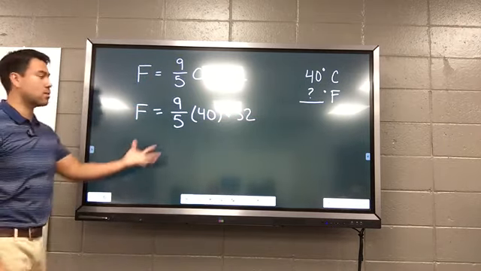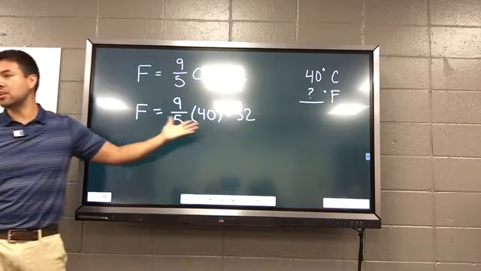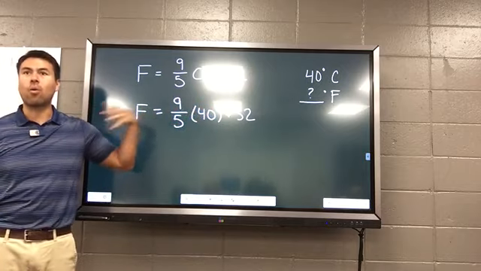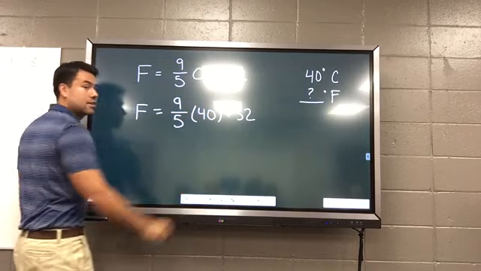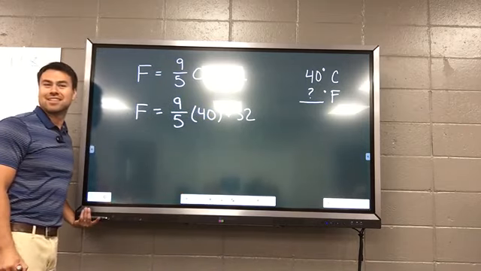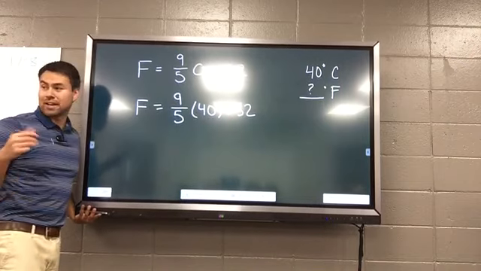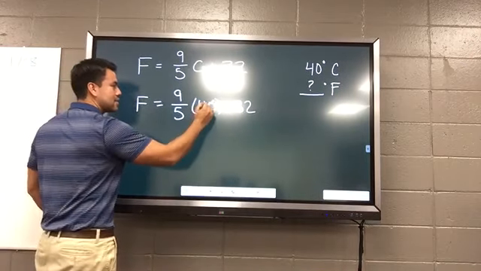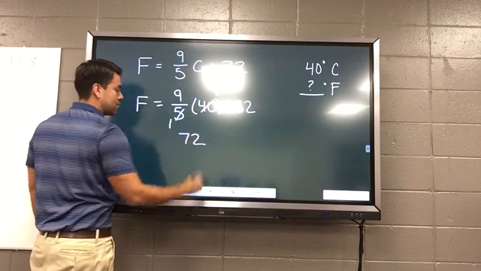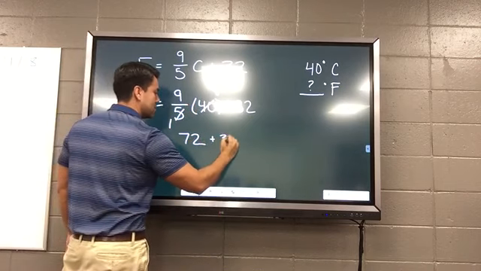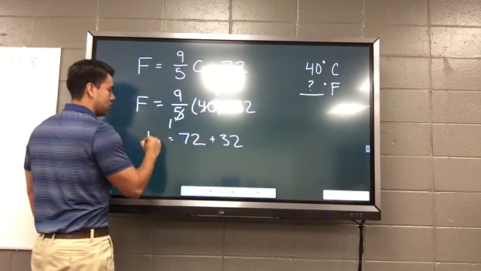What do I have to deal with first? You're not doing this on your homework, but I do want to give you why we would even want to do this. What do you do first here? Yeah, multiply, 9/5 times 40. And that's nice because you can cancel. So I'm left with 72 plus 32 equals Fahrenheit.